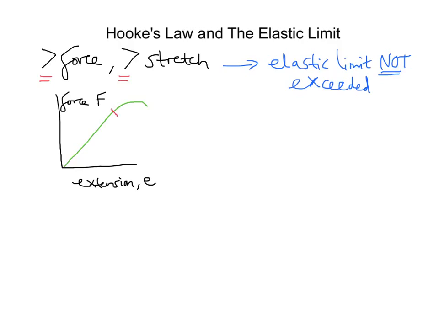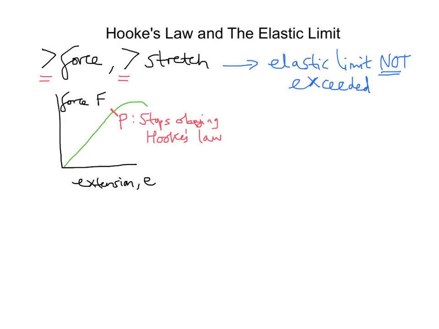And at this point here, if we just call that point P, that is the point where it stops obeying Hooke's law. So we'll just write that down there for reference. So that point P is where we stop obeying Hooke's law, because we're going beyond the elastic limit. And in that case, the material won't return to its original size when the stretching force applied is too great.